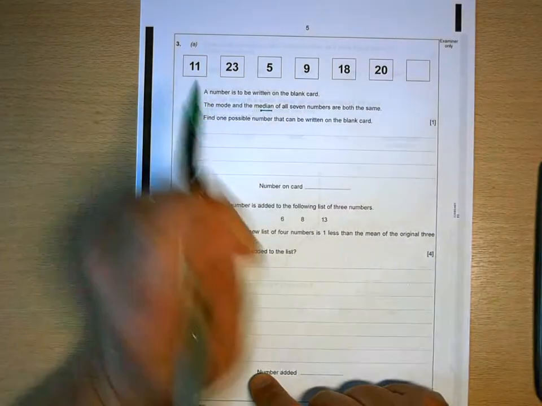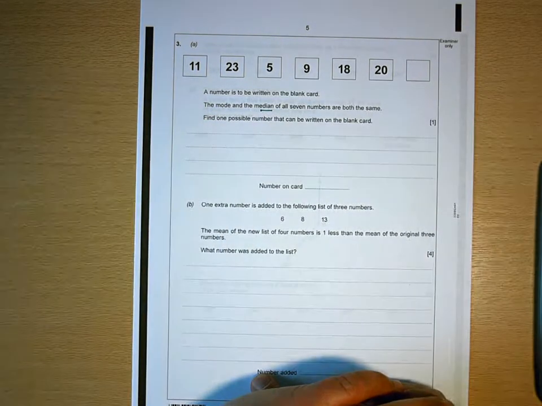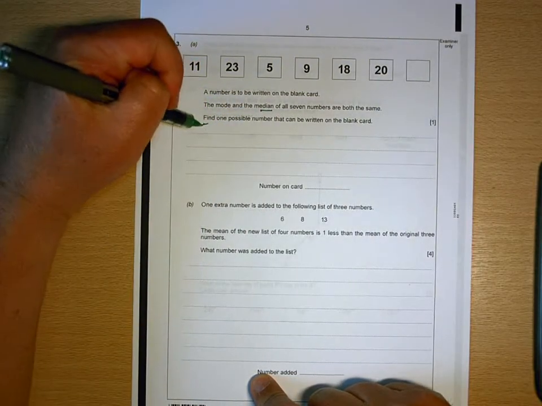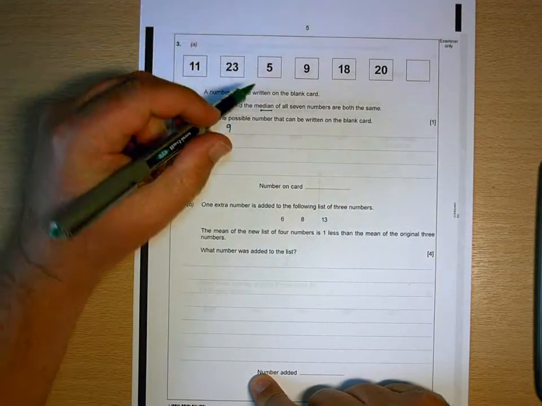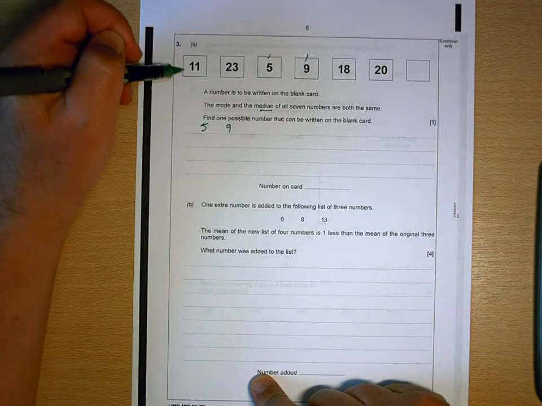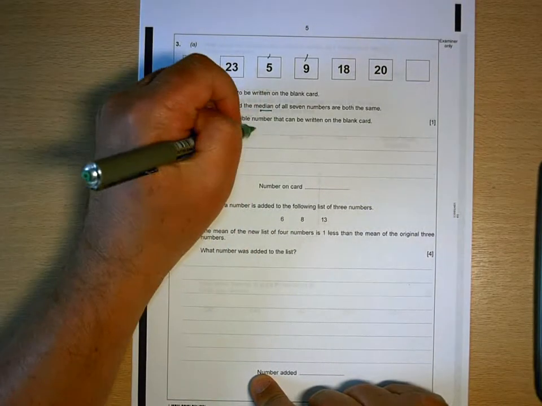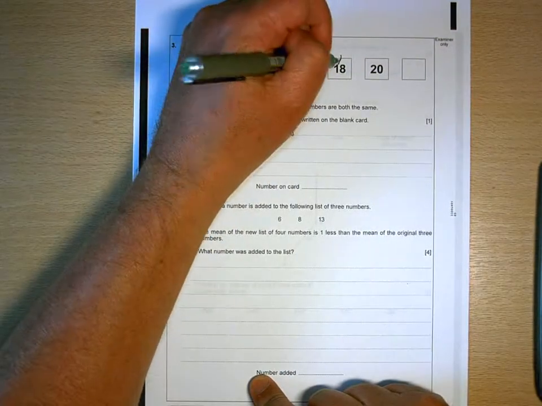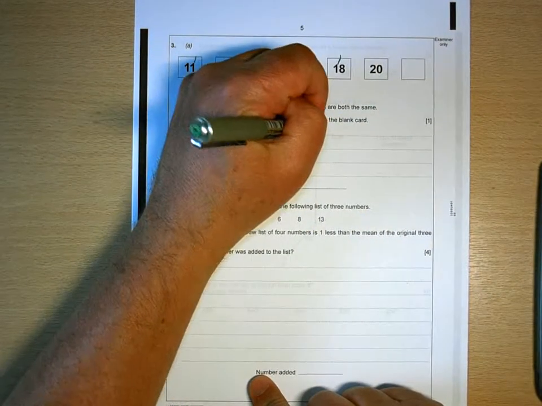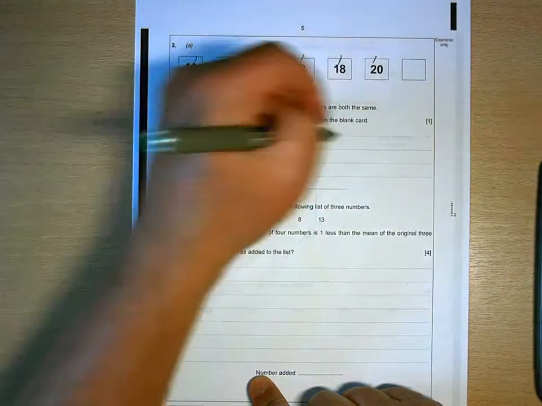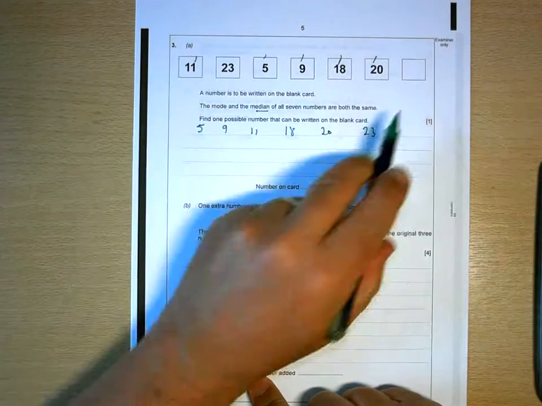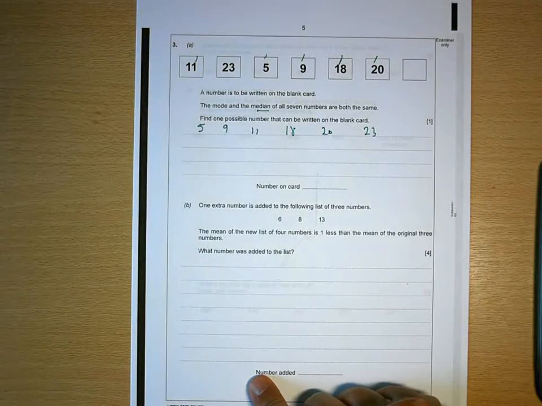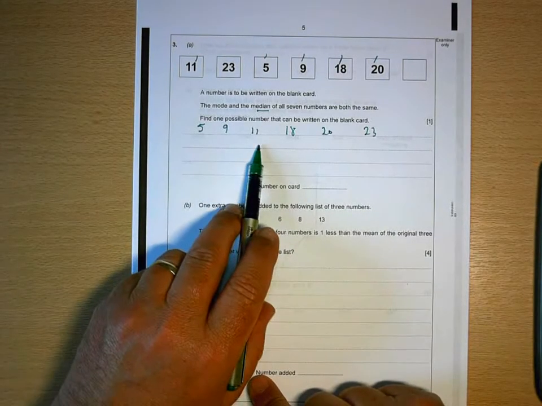So if I'm working with the median, I need to have that as an ordered list. So the ordered list I've got would be 5, 9, and then I've got 11, 18, 20, 23, and I've got this one that I have to fit in somewhere so that the mode and the median are both the same.